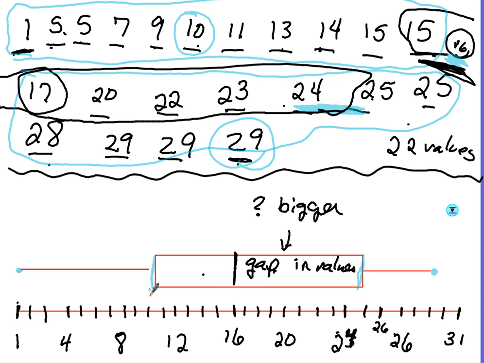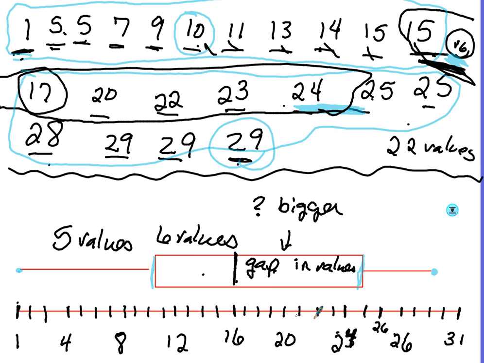What happened between, let's say, 10 and 16? 6 different: 1, 2, 3, 4, 5, 6 values here. How many values are less than 10? Alright, so 5 values here.